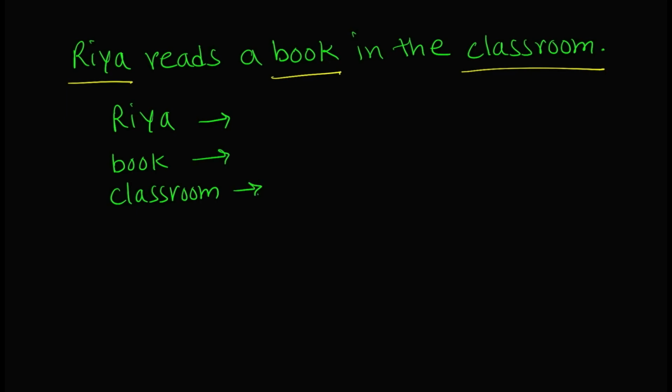It means Ria is a person, book is a thing, and classroom is a place. So all three are nouns.